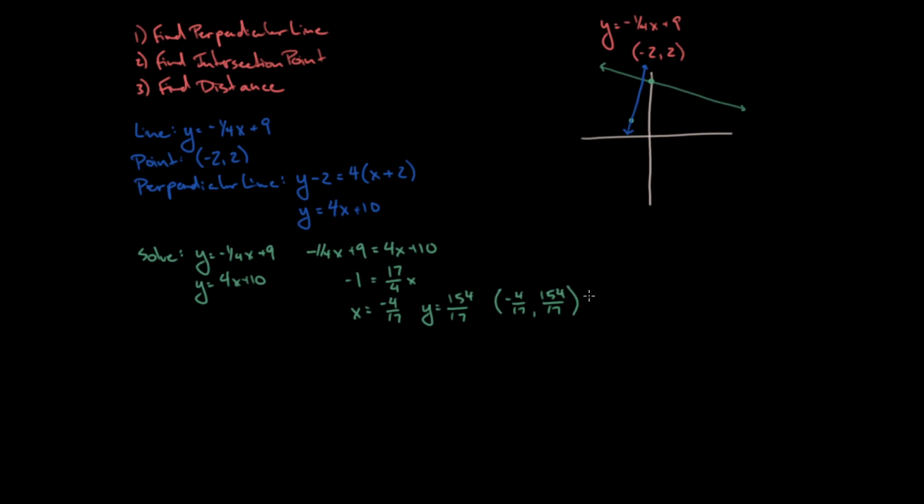So now that I have this point of intersection, I can actually go and find my distance now. I have my 2 points of negative 2, 2, and then negative 4/17, comma 154/17. I want to find the distance between these 2 points, and so I will do that by using the distance formula.